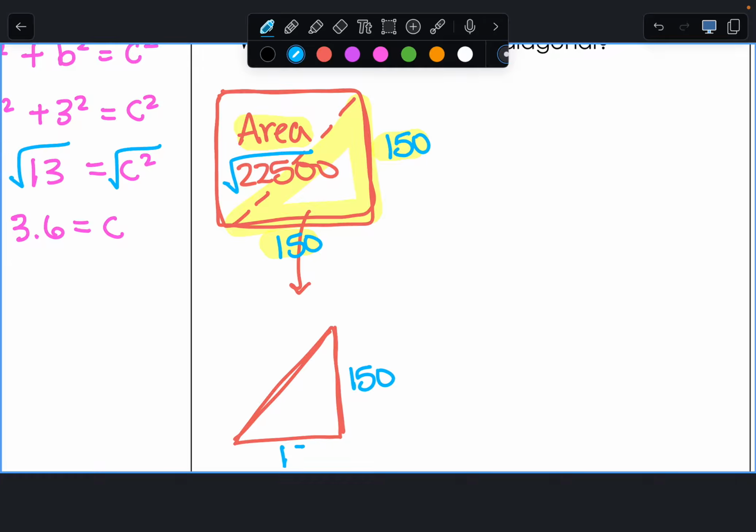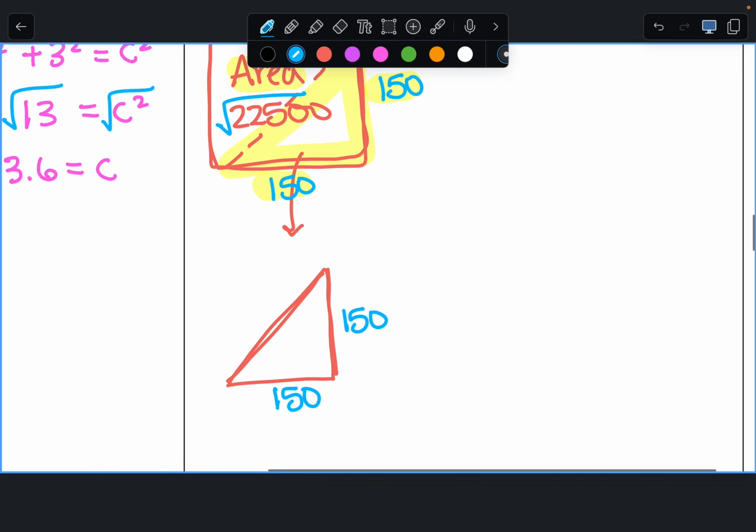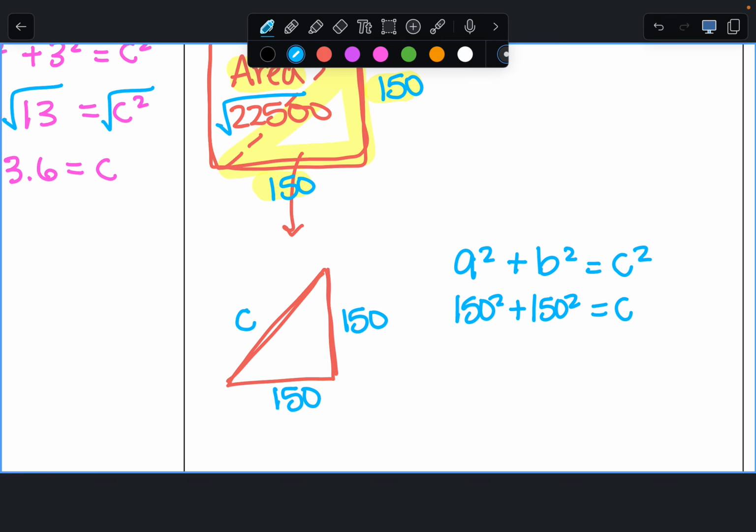150, 150. So now that we know the sides, we can figure out the diagonal. The diagonal is side what? C. Okay. What is 150 squared plus 150 squared? 45,000.